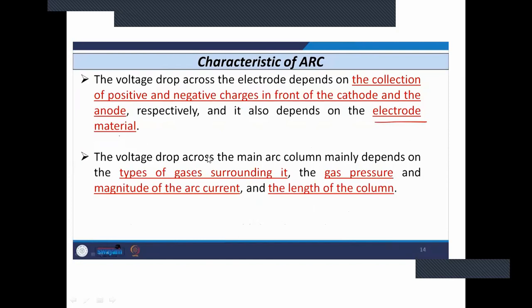The voltage drop across the main arc column mainly depends on the type of the gases surrounding it, the gas pressure, and the magnitude of the arc current and the length of the column. Okay. So the main arc column depends on these factors.